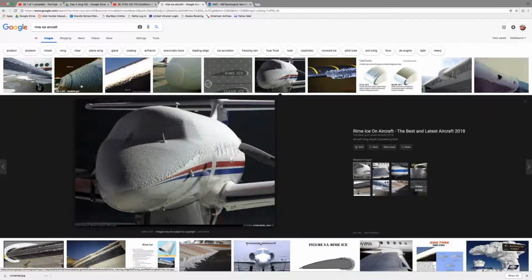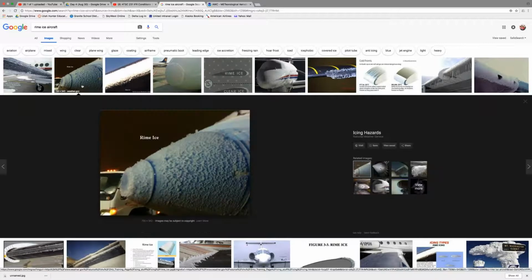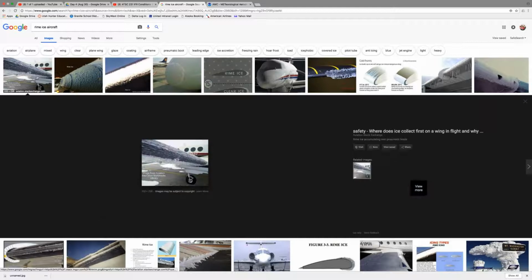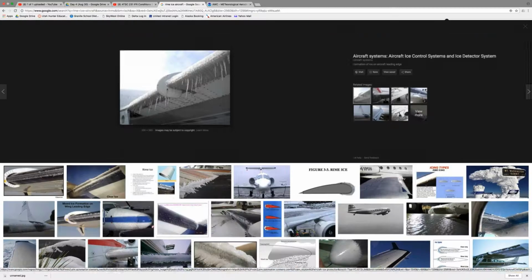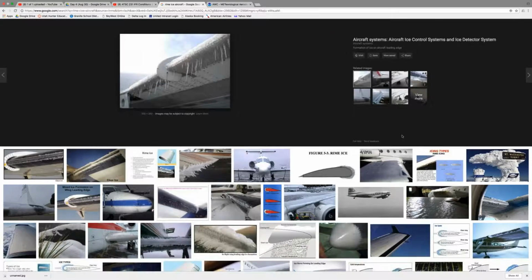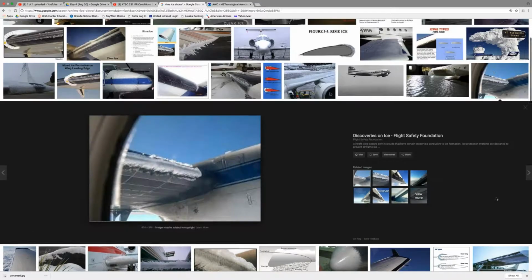That looks like snow. There you go, there's some rime ice. Bad stuff. There you go, that's a good example right there.